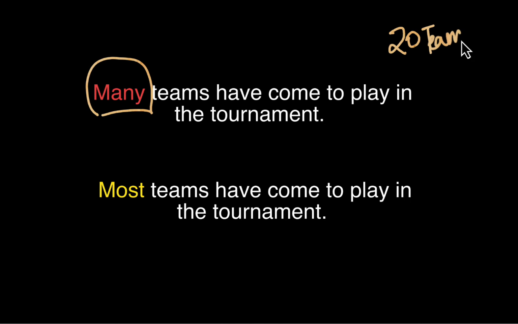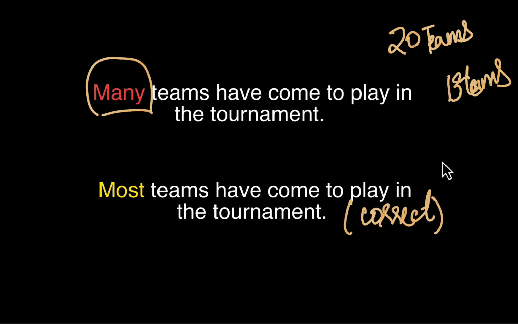Please try to understand this. Let's say there were supposed to be 20 teams that were going to play in the tournament, and let's say out of these 20 teams, 13 teams have turned up to play in the tournament. Now you can say most teams have come to play in the tournament. Now it would be correct, right?